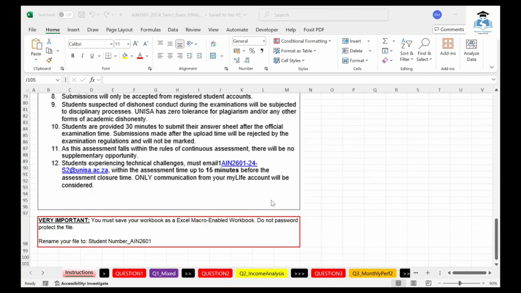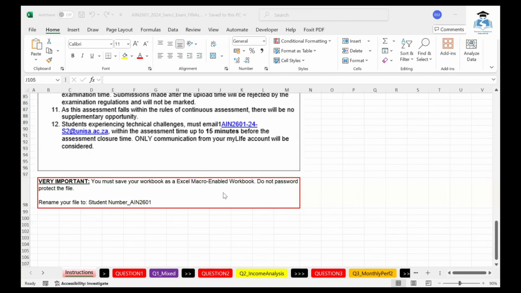I think you are now familiar with the portal, so you will be able to. And also take note, you need to rename your file to your student number, then underscore AIN2601. So that's all that is required of you.